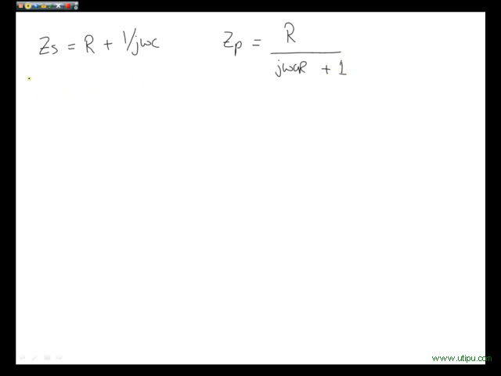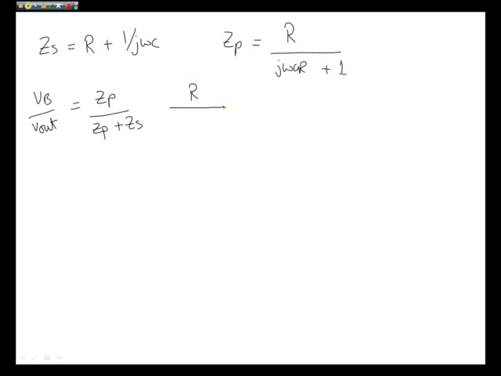Now if we look at VB divided by V out, it basically was a voltage divider expression, so it'll resolve round to ZP over ZP plus ZS. What we now want to do is to substitute those two expressions into that equation, and then do an awful lot of mathematical simplification.